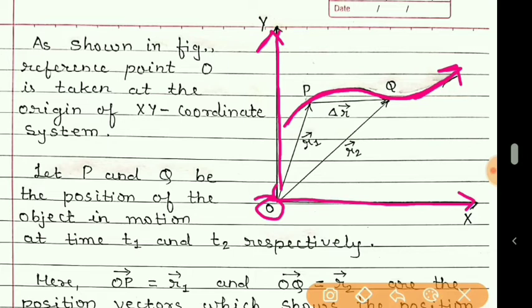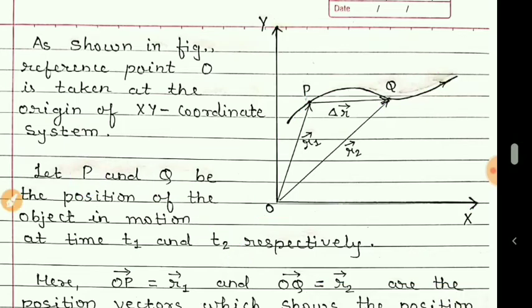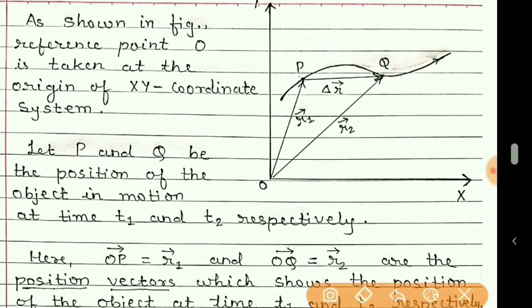So now suppose during the motion of this object, it is here at point P at some time, that is t1, the position of the object is at point P, and after some time it has moved to point Q. Let that time be t2 when it is at point Q. So what is the initial position of the object?